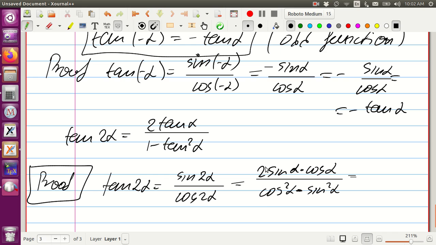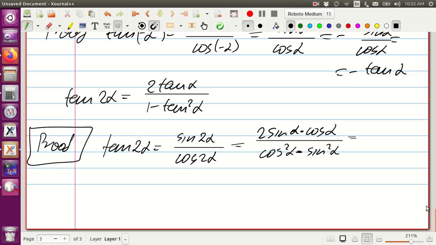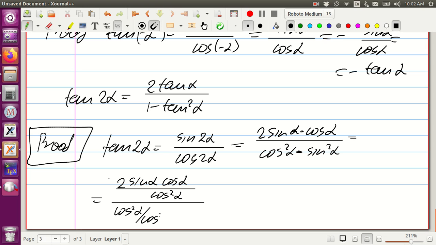So we're going to divide both numerator and denominator by cosine squared. So in the numerator, we're going to get 2 sine of alpha cosine of alpha divided by cosine squared of alpha. And on the bottom, we get cosine squared of alpha divided by cosine squared of alpha minus sine squared of alpha divided by cosine squared of alpha. So we divided numerator and denominator by cosine squared.